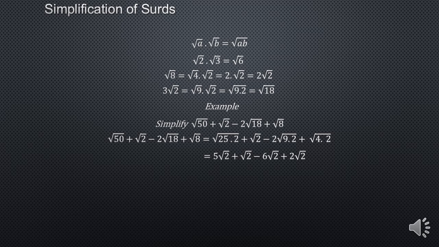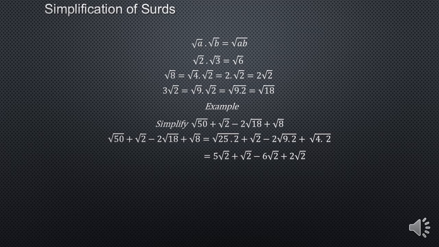I'm referring to the simplification of this being equal to this. Plus root of 4 times 2, which is the same as root 4 times root 2, which is 2 root 2. So you see you have all root 2's. It's the same as having 5x plus x minus 6x plus 2x.